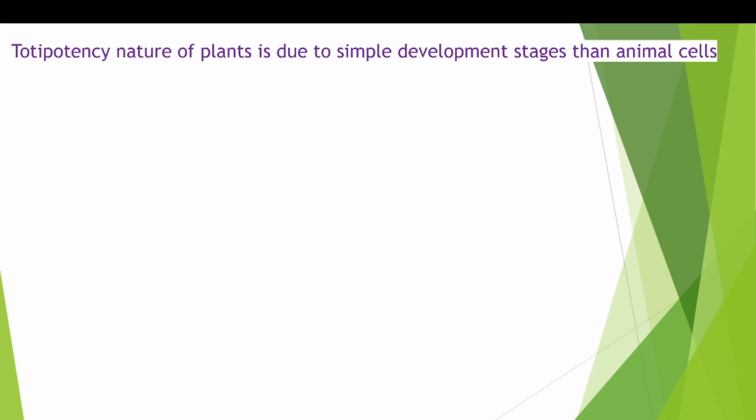Because of this complexity, the totipotency property of animal cells is limited to only the zygote. But in plants, the developmental stages are very simple and few. That's why plant cells exhibit totipotency, whereas in animals only zygotic cells exhibit totipotency.